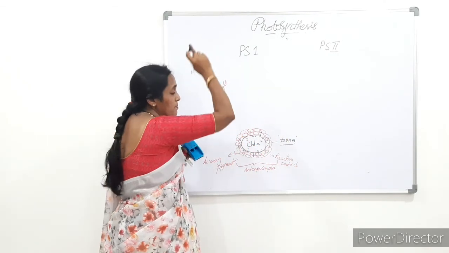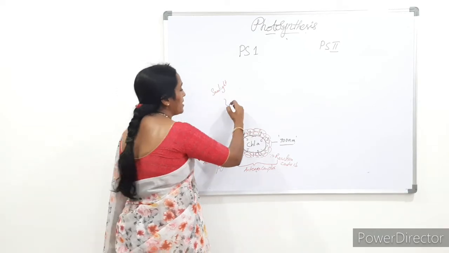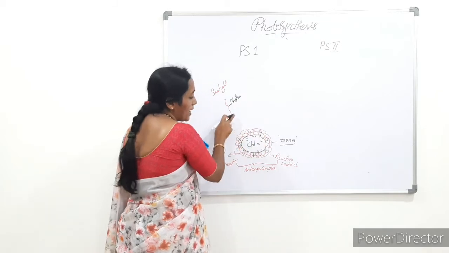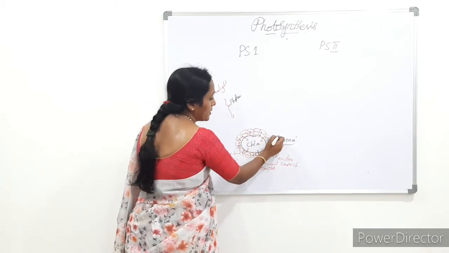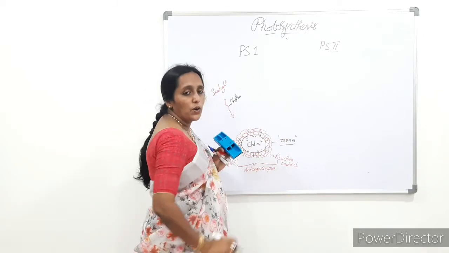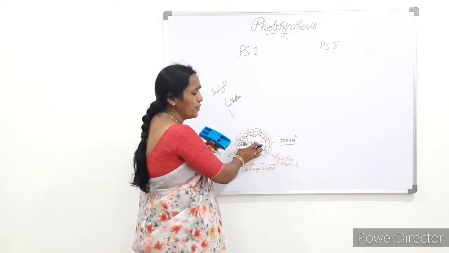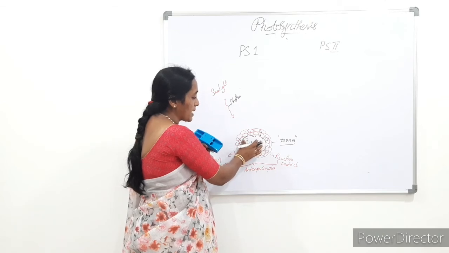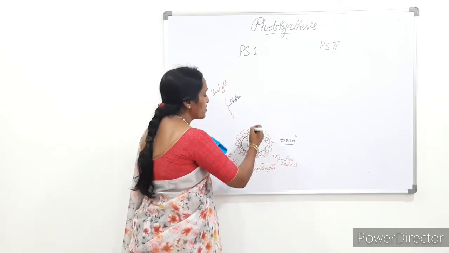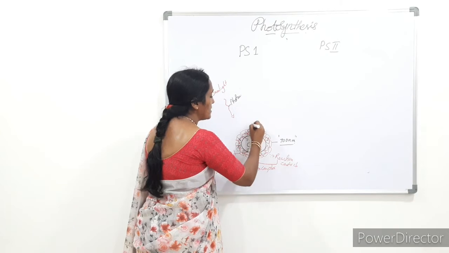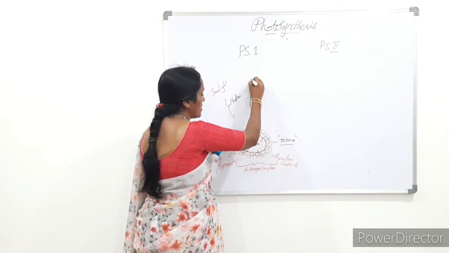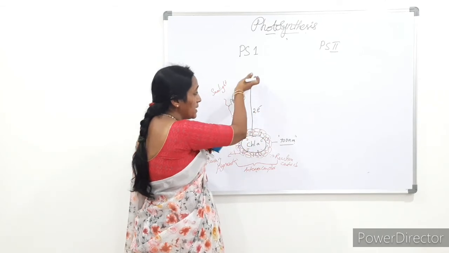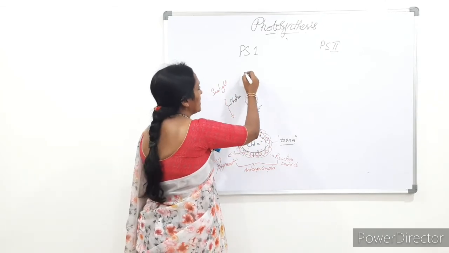In photosystem 1, when the sunlight falls on the chlorophyll A, it is absorbed at 700 nanometers. When the chlorophyll has received the complete energy, this chlorophyll A gets excited, which means a pair of electrons gets excited.